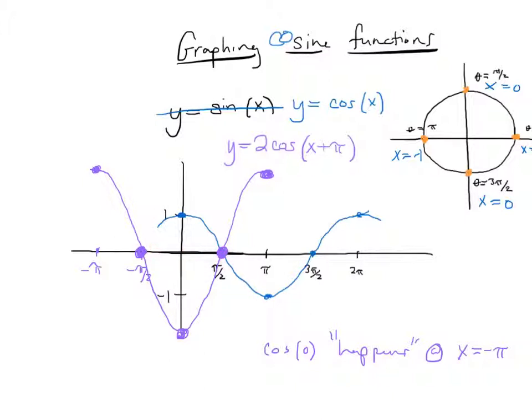Compare that to the book trying to do something sneaky and say, ooh, can you graph y equals 2 cosine x, and then they put the plus pi outside. Yeah, that's easy. Right, of course. So now if I was just graphing, I'll do it in yellow, 2 cosine x, it's going to be here, here, here, here, and here. And then I don't really have space on the page, but we can imagine shifting up by pi.